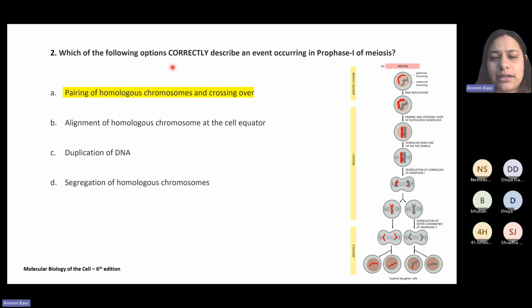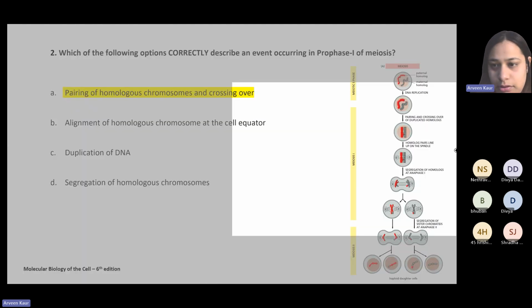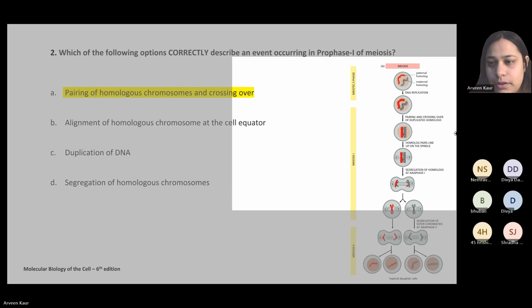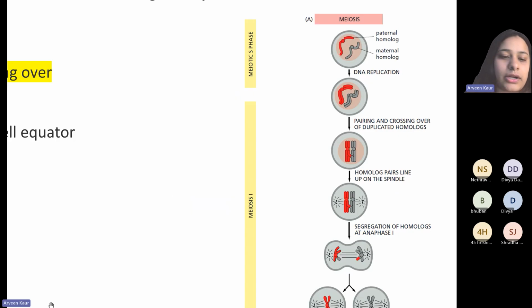So this I hope everybody has gone through. I am just going to zoom in on this figure that I have kept. What happens in meiosis is that in the meiotic S phase, there is again a duplication of DNA that goes on, right? And over here we see, suppose, a gamete which has a paternal homologue and a maternal homologue.